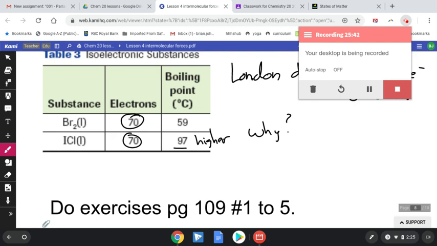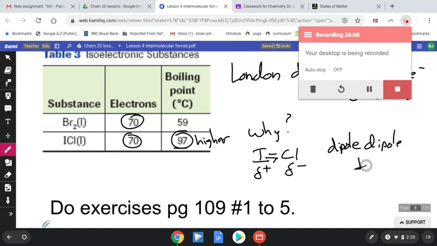All right, so why is it higher? Because ICl is a polar molecule. Chlorine has higher electronegativity than iodine. So if we draw our dipole arrow in, this is the negative pole, this is the positive pole. So because it's polar, we have dipole-dipole intermolecular force plus London dispersion forces.